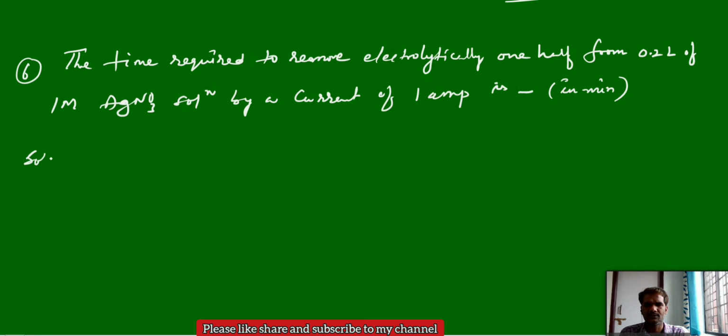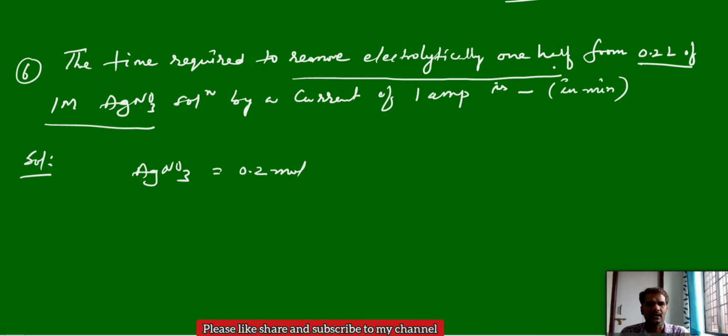Just the solution. What is given here? 0.2 liters of 1 molar silver nitrate means how many moles? Number of moles of silver nitrate is 0.2 mole. So from this we have to remove electrolytically one half, means 0.1 mole we have to remove.